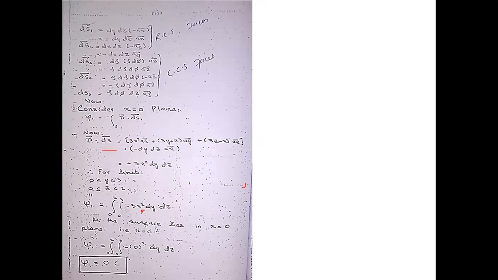So D dot ds, first, this is a similar method as we have done in the previous examples. We have to apply the dot product, followed by the integration. Given D is in the rectangular coordinate system, and ds is also in the rectangular coordinate system, so there is no issue.